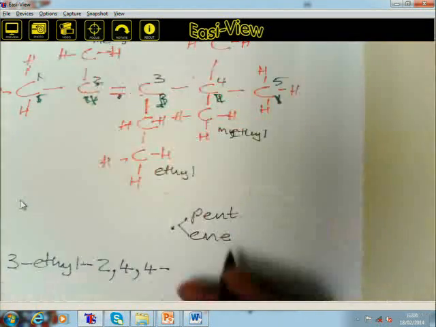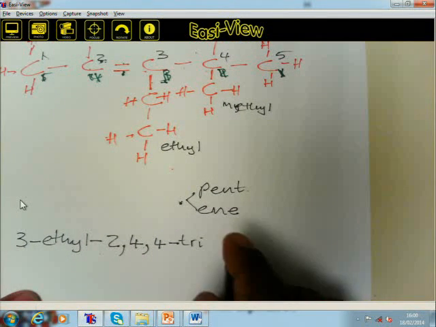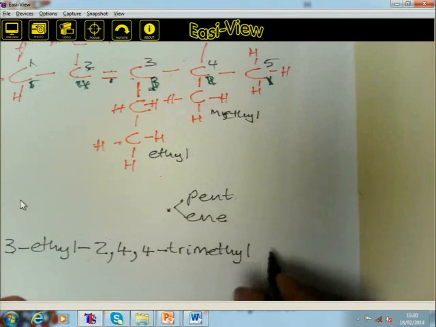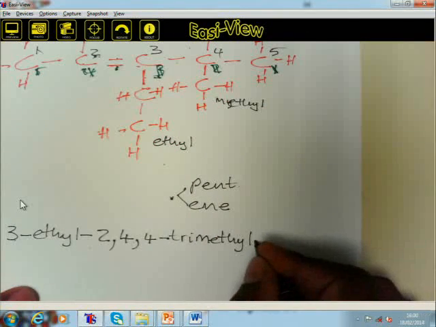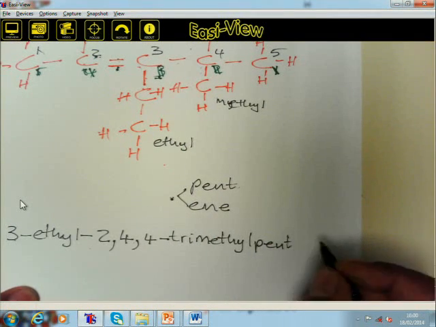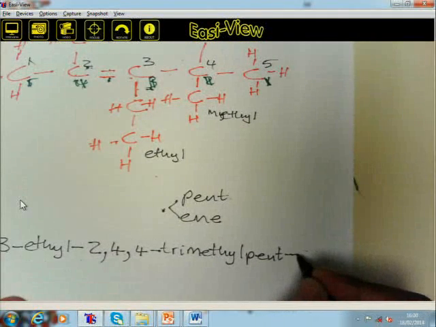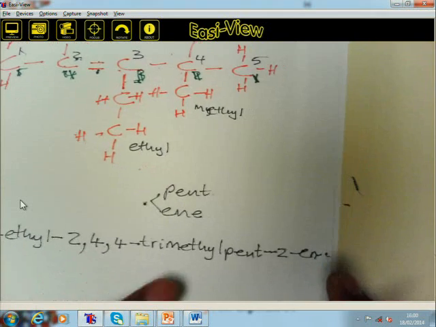Because there are 3 of them, I must start with tri to indicate that there are 3 substituents of methyl. And then the parent name has 5, we said it's pent. And then after carbon number 2, I've got a triple bond, pent-2-yne.